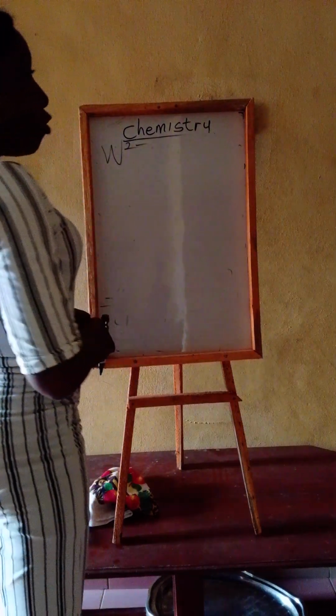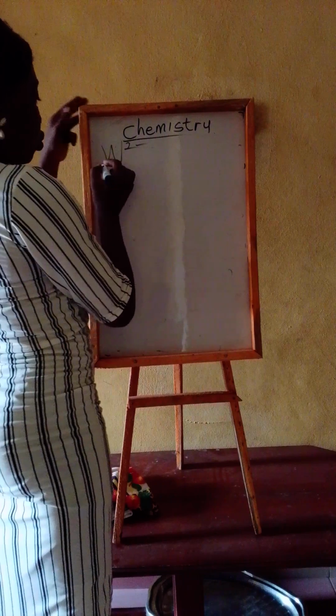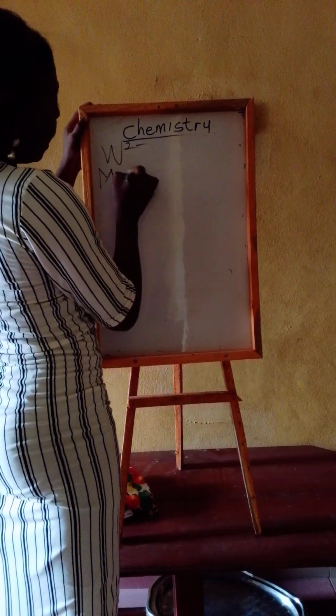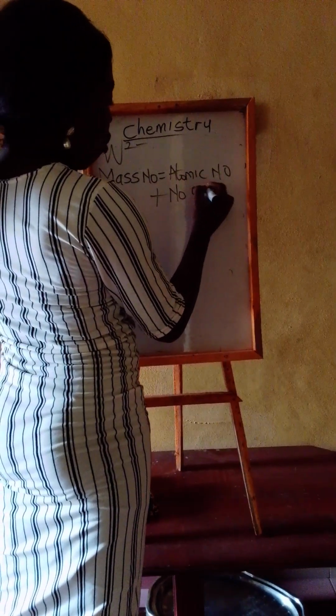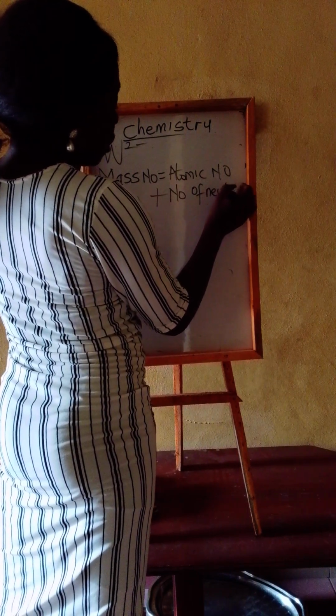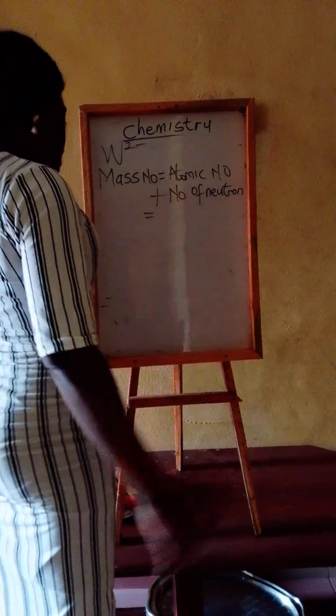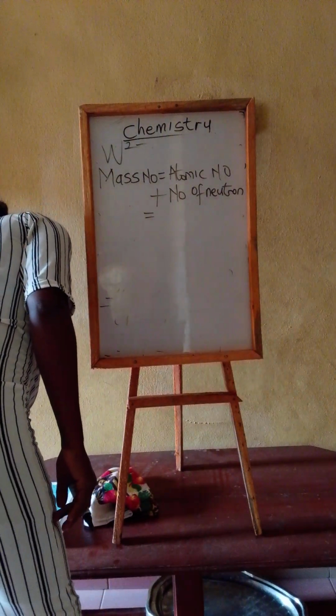We are given the atomic number and the number of neutrons. So what do we do? Mass number equals to atomic number plus number of neutron.